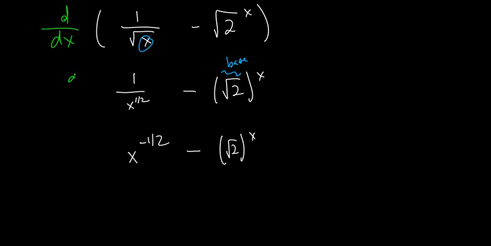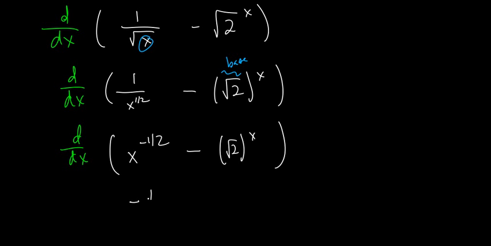So we're going to go and take the derivative of all of these things, okay? Remember, it's both of these things together, subtracted. And what do we get? From the power rule here, we get minus 1/2 x to the minus 1/2 minus 1, which is minus 3/2, minus itself times ln of square root of 2. Itself times ln of the base.